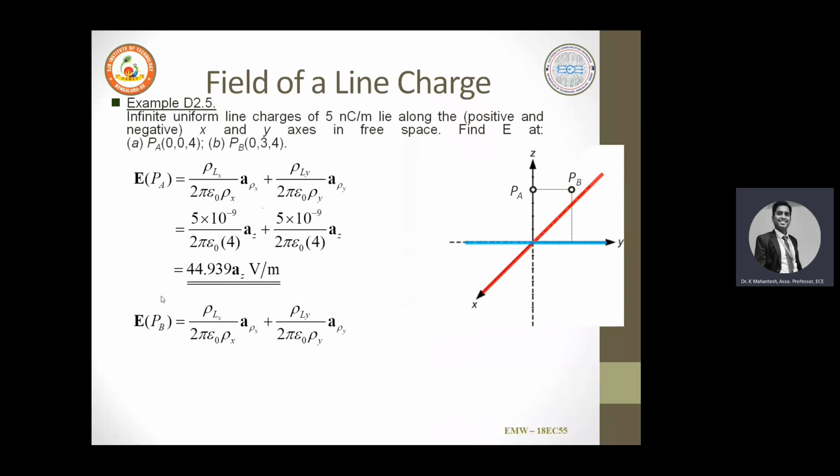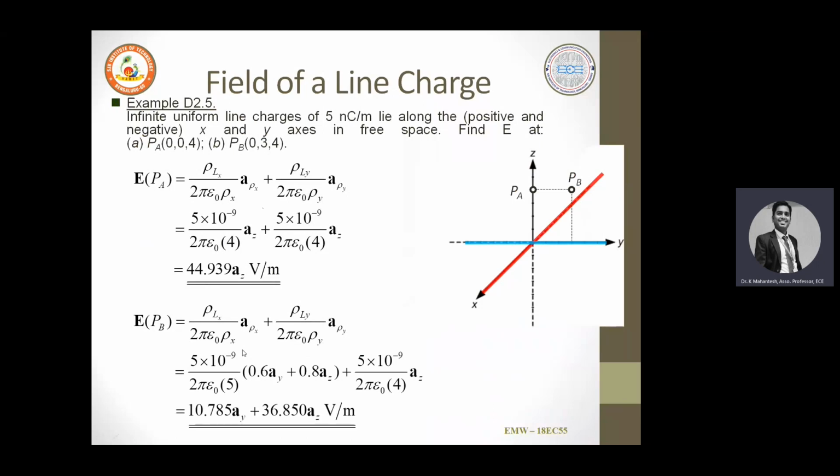Whereas the electric field intensity at point B due to the line charge of 5 nanocoulomb per meter, I get the answer as 10.785 ay plus 36.85 az volts per meter.